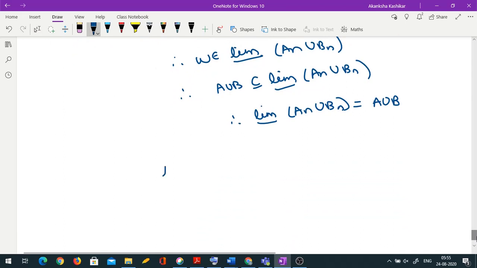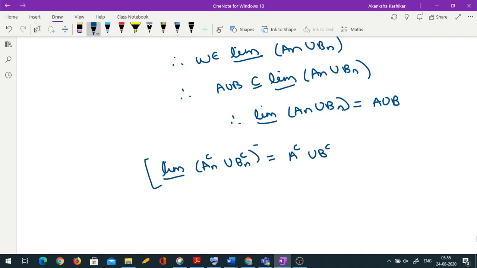Similarly, I can say that liminf of A_n complement union B_n complement is the same as A complement union B complement. Okay. And if I take complements on both sides, I will get lim sup of A_n intersection B_n is the same as A intersection B. Okay.